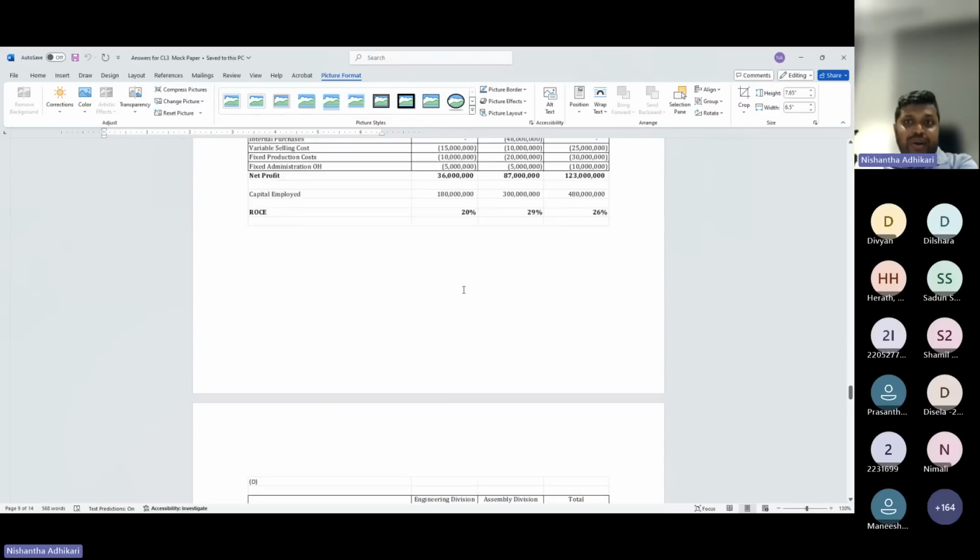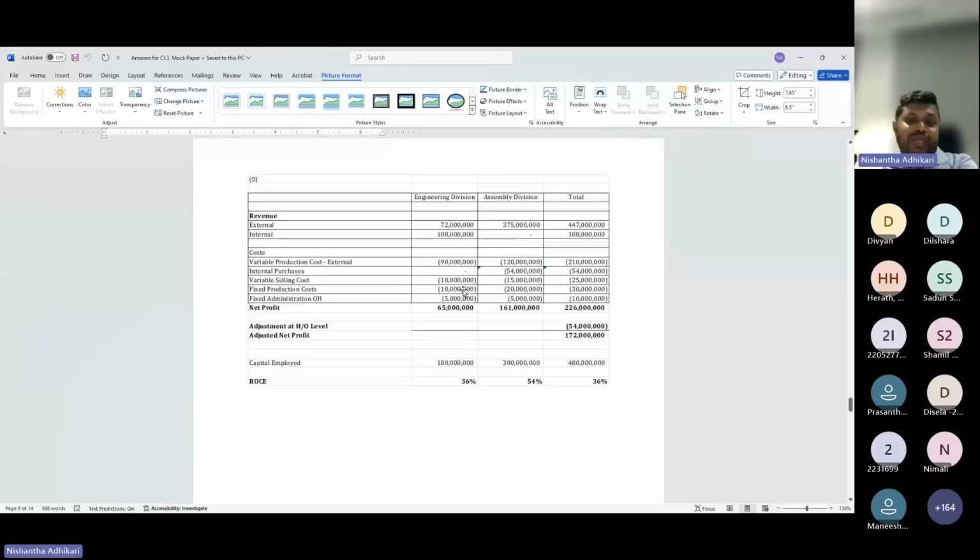Therefore, now we can apply dual rate transfer pricing. They will record at market price, and they will record at variable cost. The difference will be adjusted at head office level, right? The supplying division will record at market price, 108 million, which means they are selling internally at market price minus selling cost.